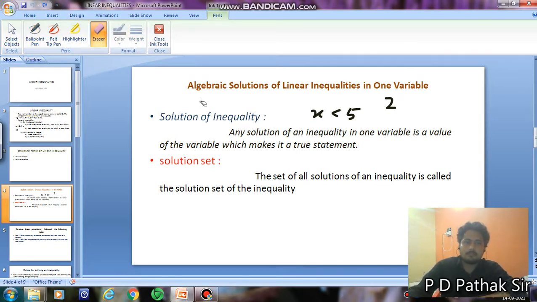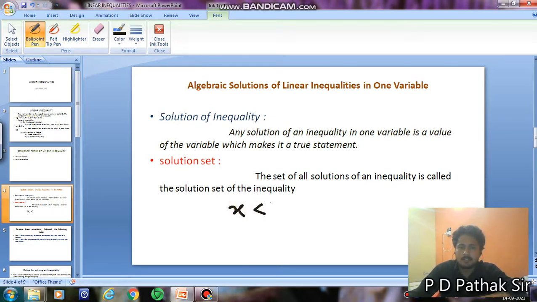Now take another example. Suppose I am taking x less than 3, and I am giving the condition that x belongs to R. Now what can be the solution set? What is the meaning of solution set?